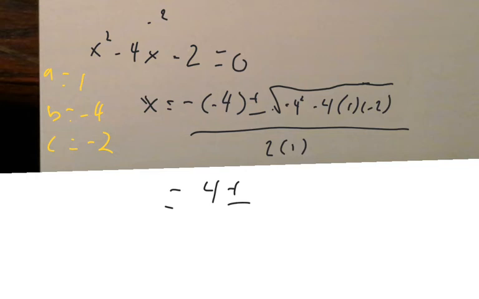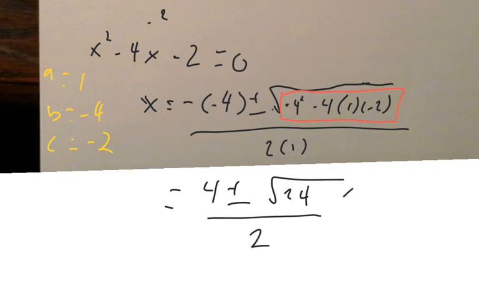Now, when you go to solve what's under the radical, don't put the radical first. Get the number inside first. So in your calculator, put negative 4 squared minus 4 times 1 times negative 2 and get a number. Because if it's a weird looking number, we have to know before we put it under the square root. So after you do that, it becomes radical 24 all over 2.